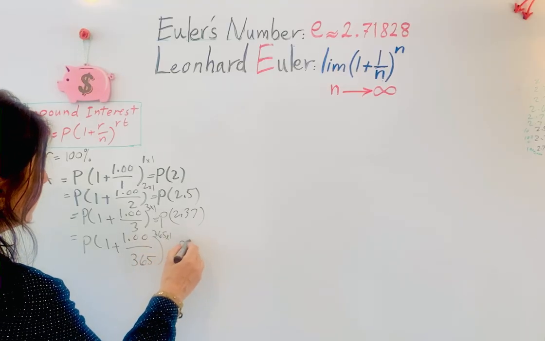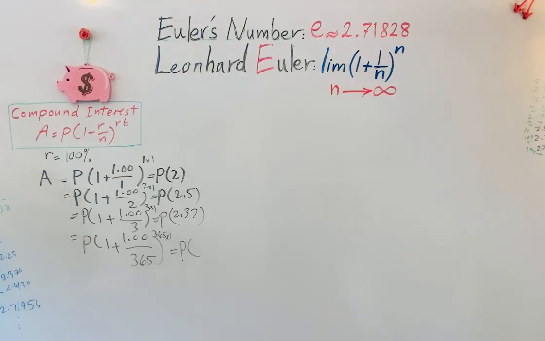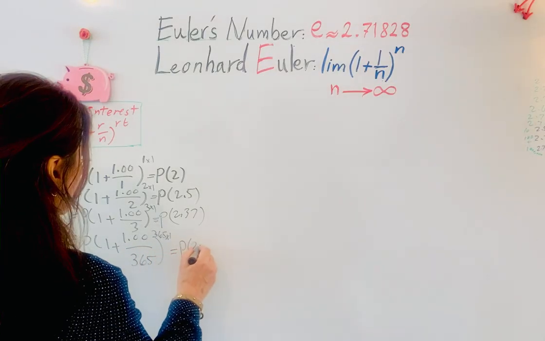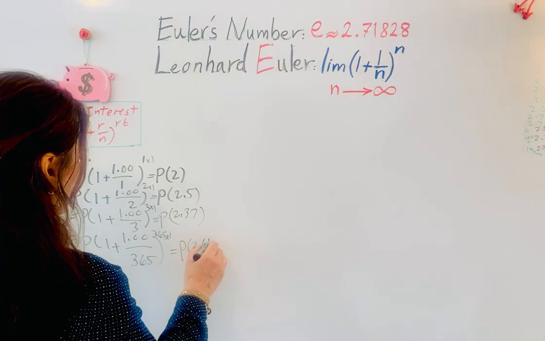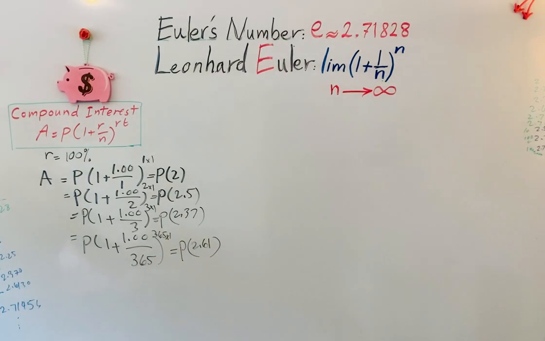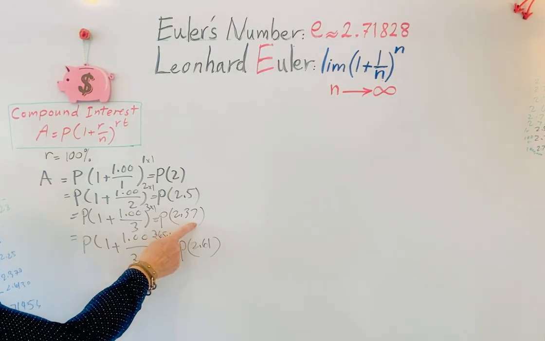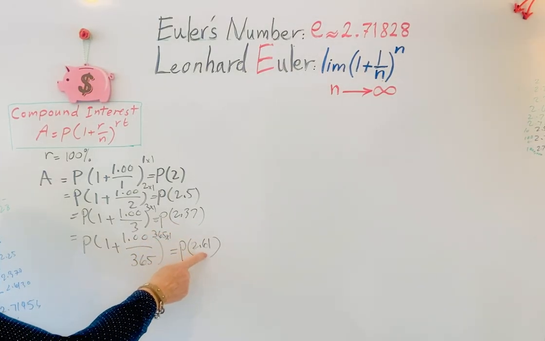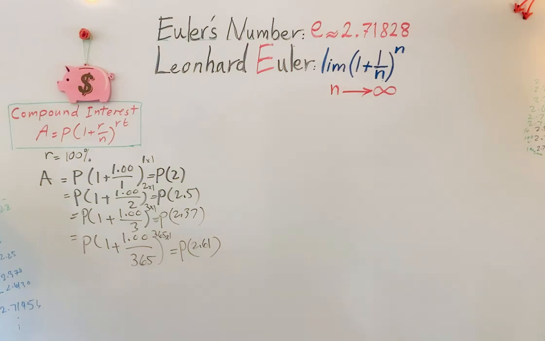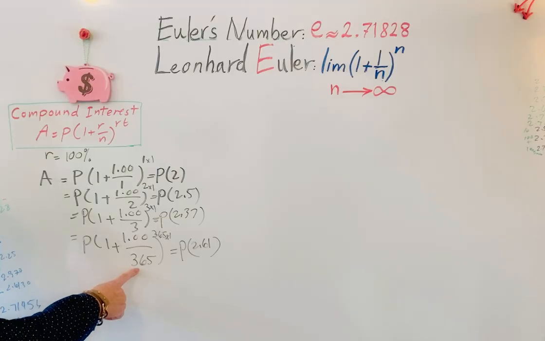If you calculate this one, it gets something about 2.61. You see? 2.37, 2.61. It's not too much change if your money gets compounded every day.